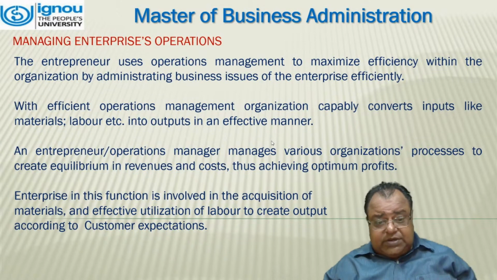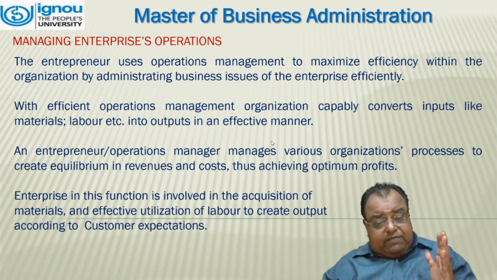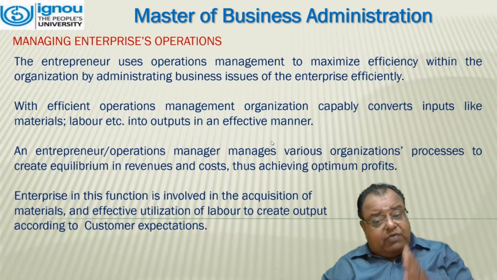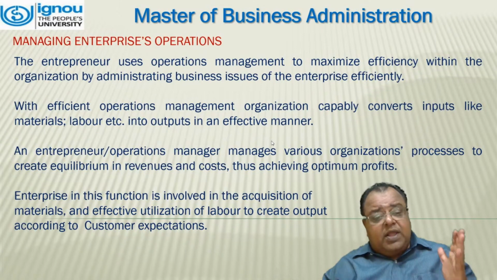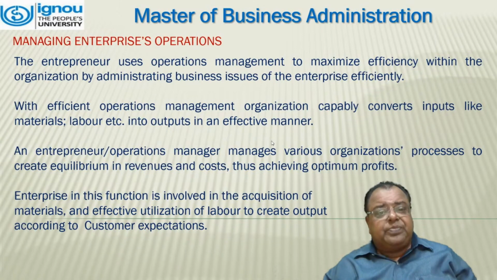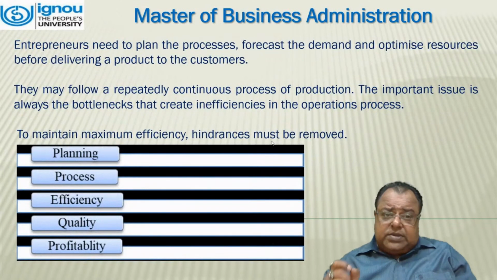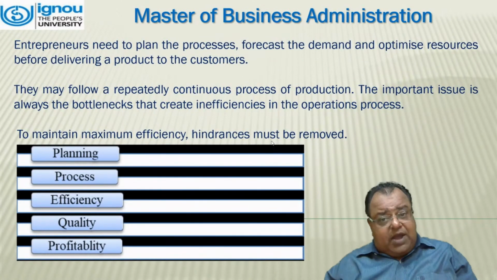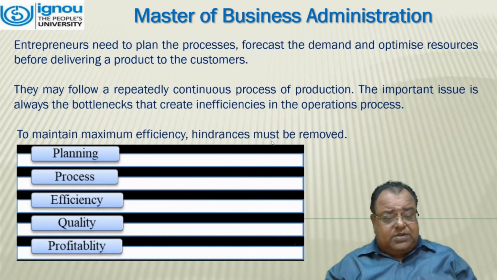Operations management is involved in the acquisition of materials and effective utilization of labor to create output according to customers' expectations. Entrepreneurs need to plan the processes, forecast the demand, and optimize resources before delivering a product to the customers.